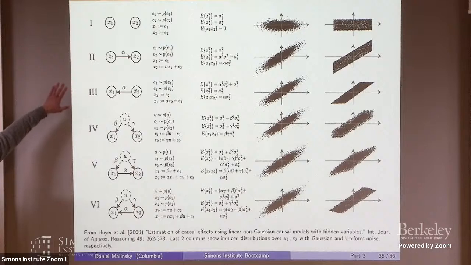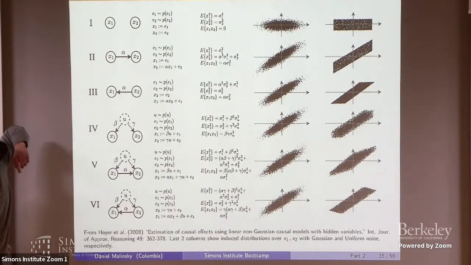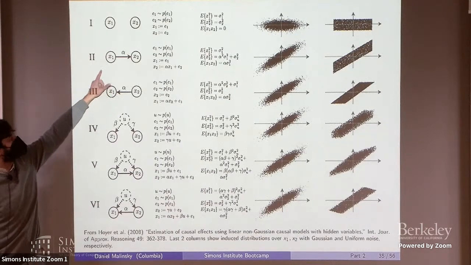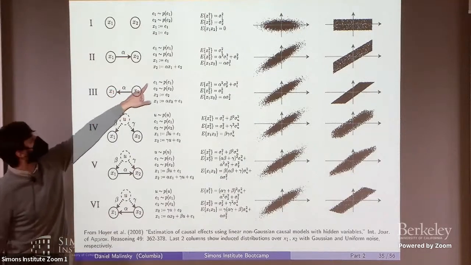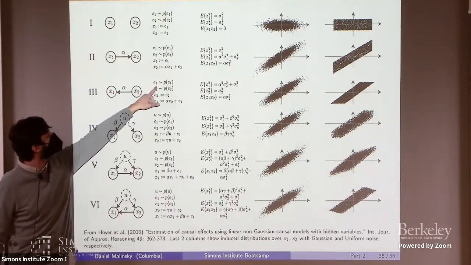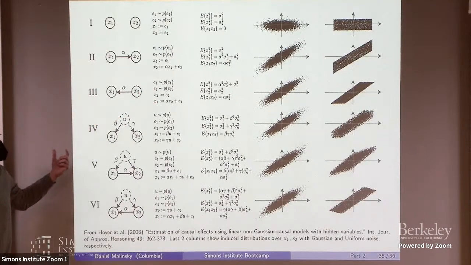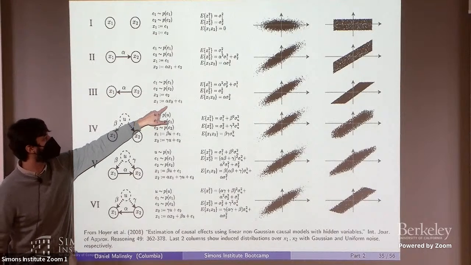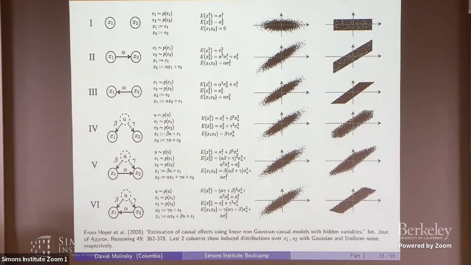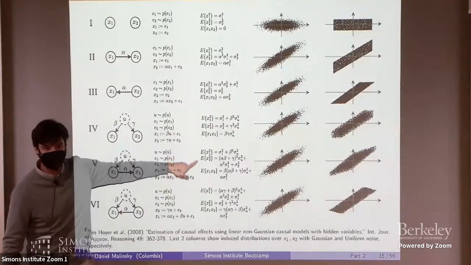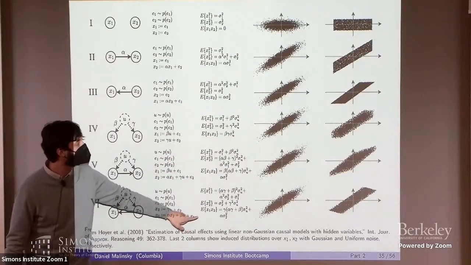As an example, think of x1 and x2, and E1 and E2 as the errors. Model 2 is one in which x1 causes x2, so there's some coefficient alpha in the linear structural equation model. Model 3 is one in which the direction is reversed, so there's an alpha from x2 to x1. For each of these cases, you can write down the induced variance and covariance over the x's.